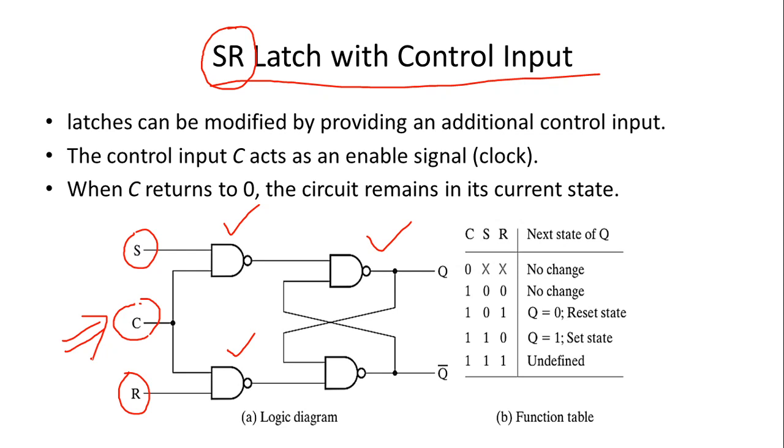So if it comes to 0, it will hold the previous state from when the clock or C was 1. So if C is 1, there is some state, let's say Sn. If the clock goes to 0, it will also hold the same state, Sn.